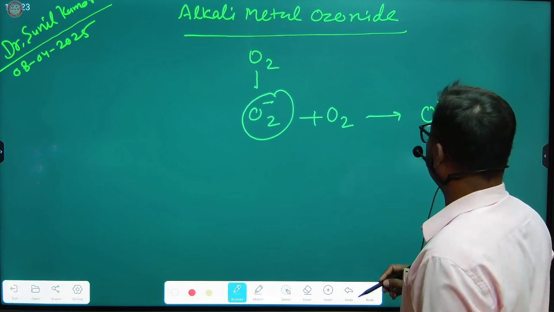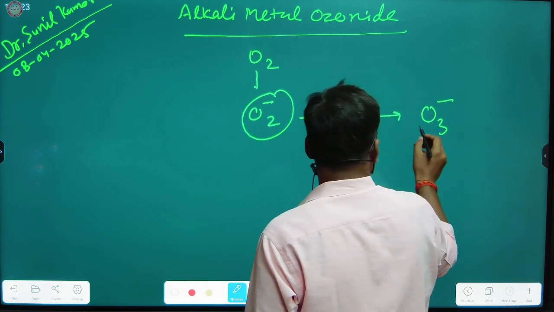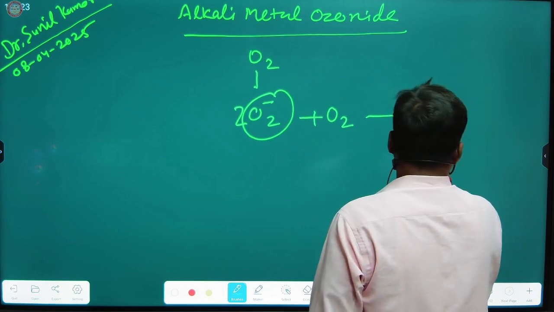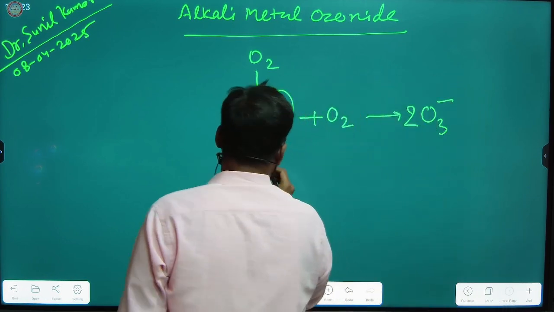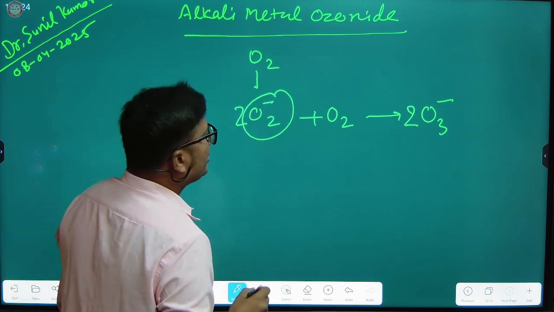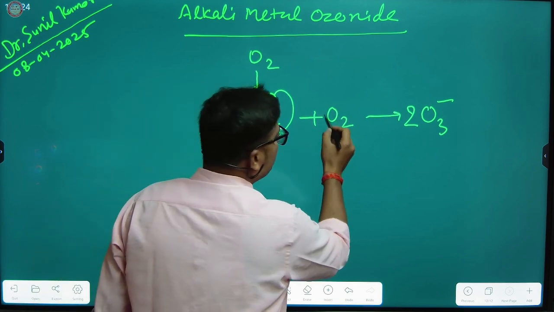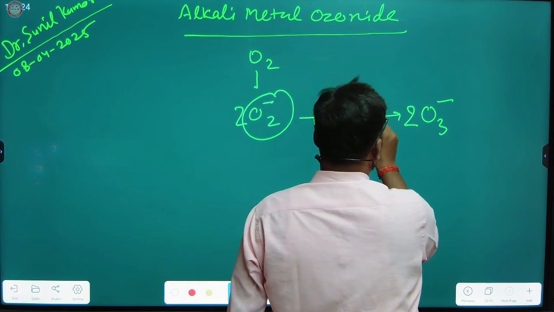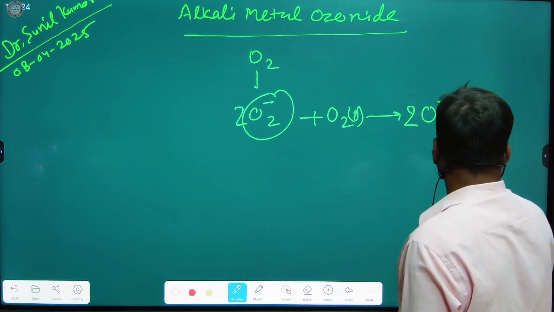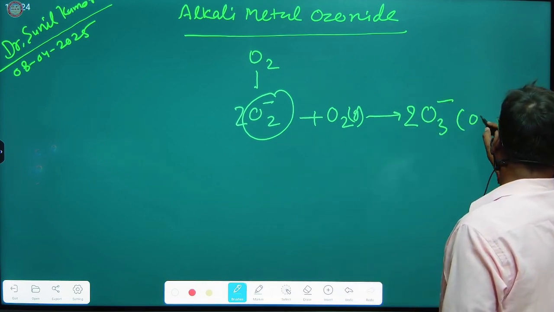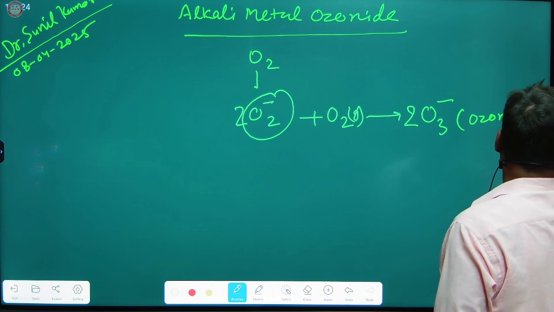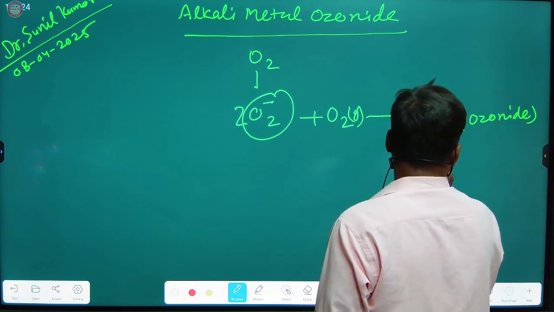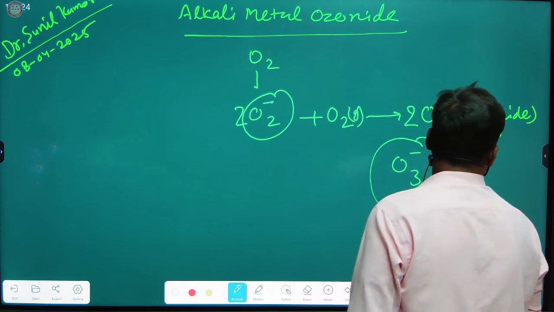So 2 moles of superoxide react with another oxygen molecule in the gaseous phase, resulting in the formation of 2 moles of ozonide. Ozonide means O3 minus. This is called ozonide.